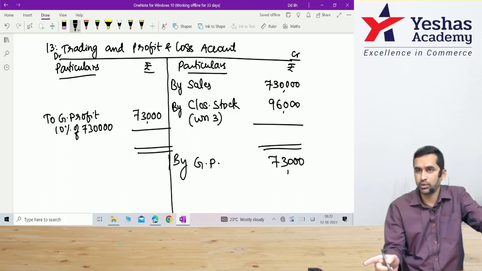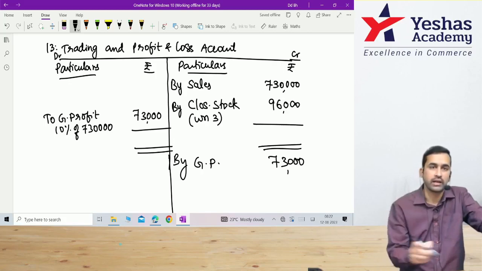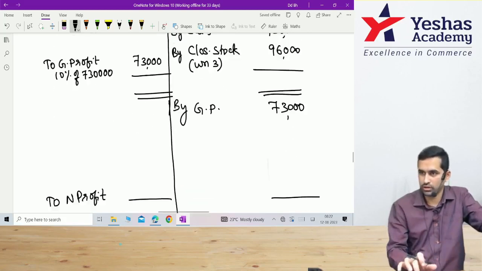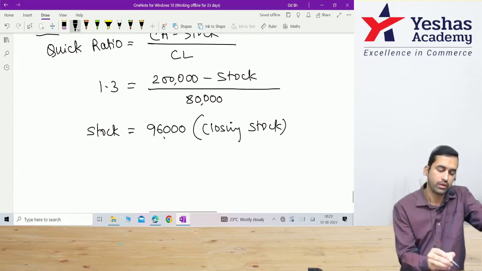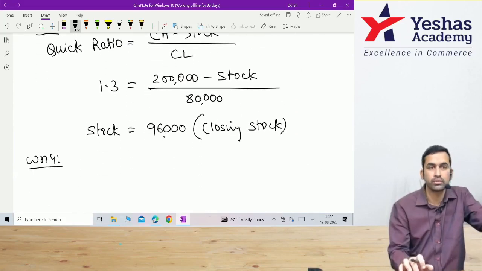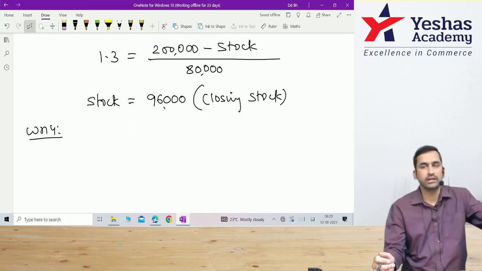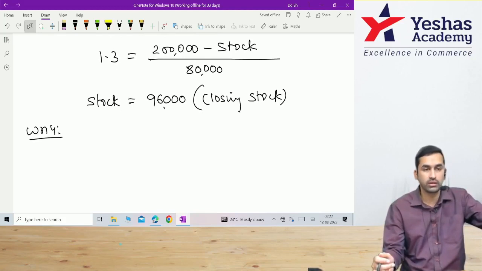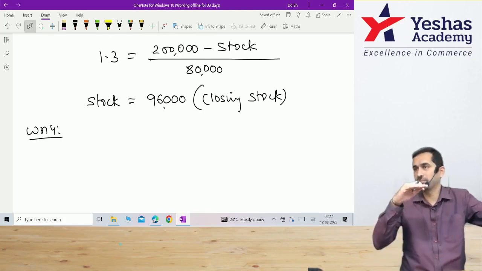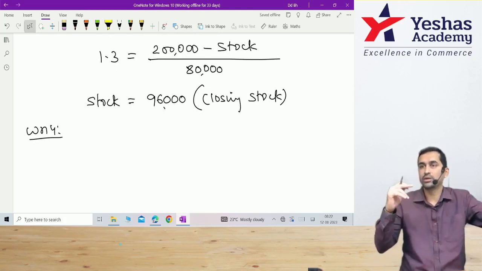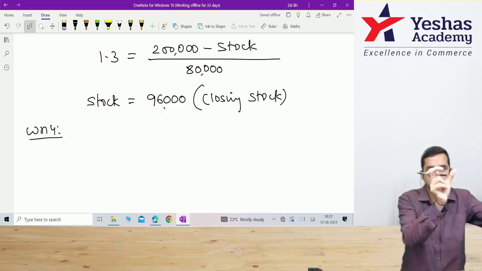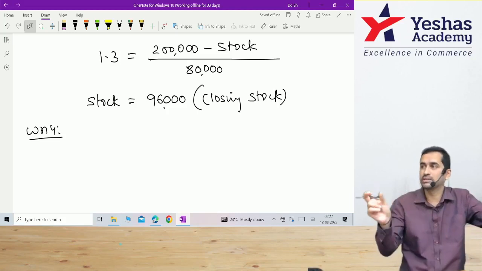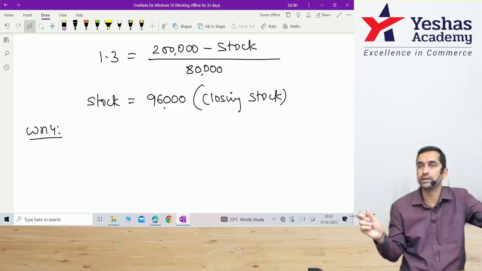Anyway I'm doing stock related workings, I can do even that opening stock part. Come down, continue. We'll do a separate working note, working note 4. Read the line carefully. They said closing stock is 10% more than opening stock. That means if I keep base as 100, then closing stock is 110. So now the cross multiplication is, if 96,000 is 110, how much is 100? That will be the opening stock value.